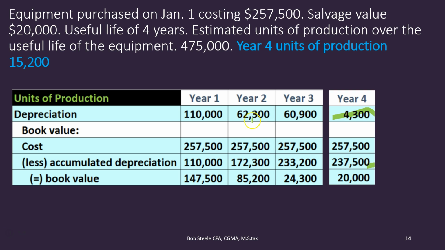Or we can say it's the sum of all the depreciation expense up until this point in time, being year 1, 110,000, year 2, 62.3, plus year 3, 60,009, plus year 4 of 4,003, which will also give us the 237.5. If we subtract the cost less the accumulated depreciation, the 257.5 less the 237.5, we get the 20,000, and that equals the salvage value being the floor.